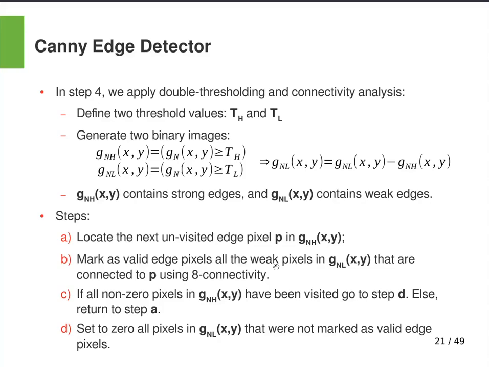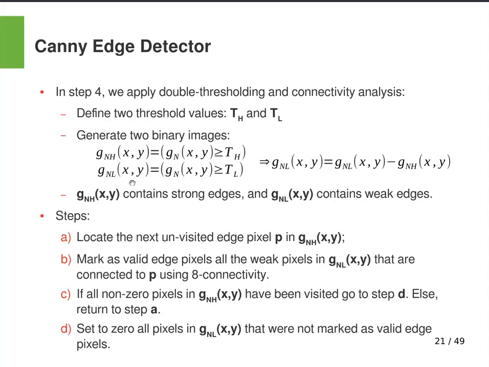So to do this, we define two threshold values, th and tl, and then based on these we generate two binary images. One, gn of h, is basically gn greater than or equal to th. So basically any pixel from the previous step that has a gradient value greater than th is going to be assigned a value of 1 in gn of h.